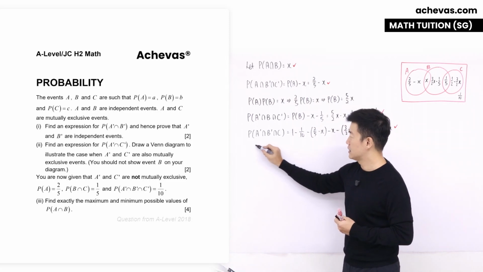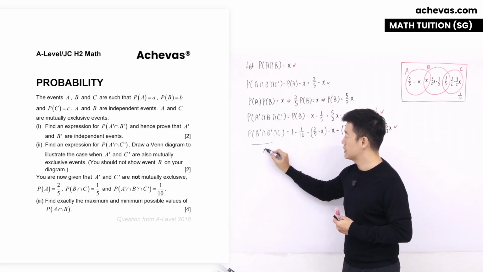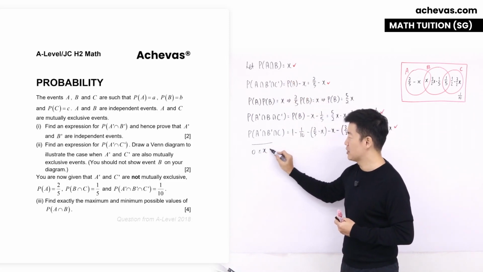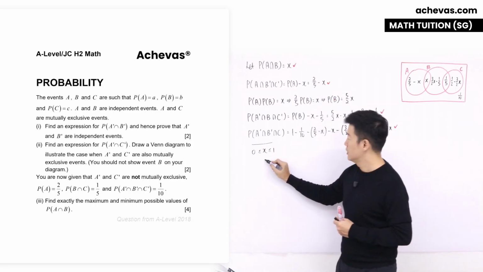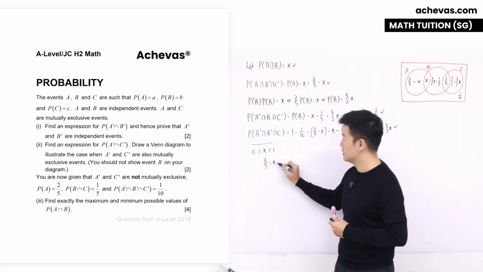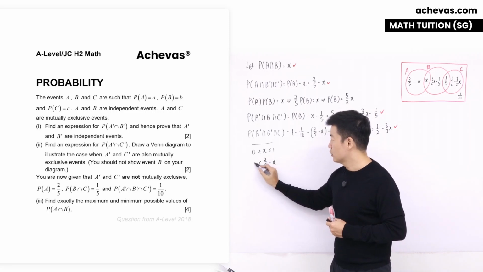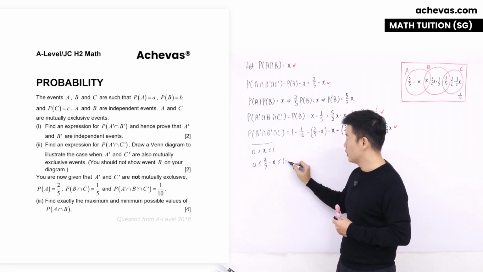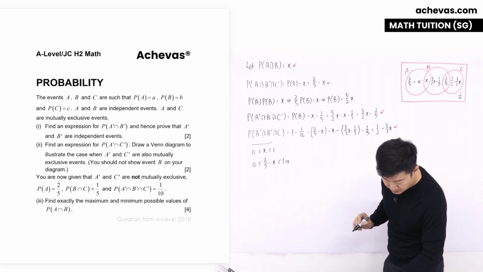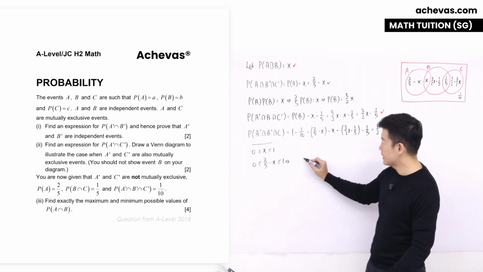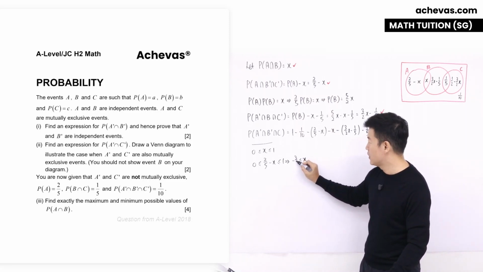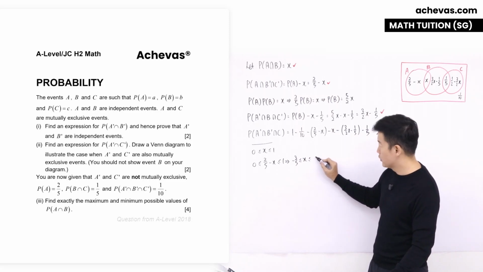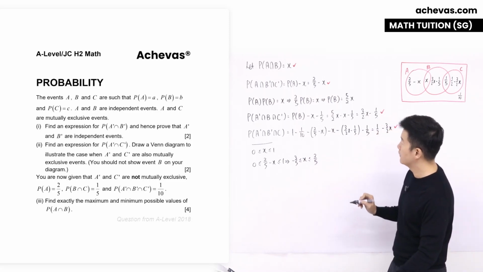this. So we know that from here, x is going to be a number that is always bigger or equal to 0, less than or equal to 1. This 2 over 5 minus x is bigger or equal to 0, less than or equal to 1. And this tells me that x is going to be bigger or equal to minus 3 over 5, less than or equal to 2 over 5.